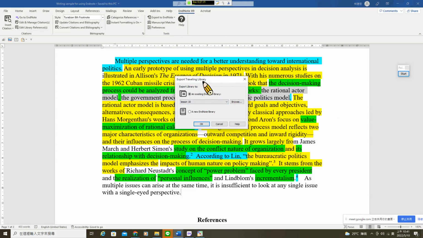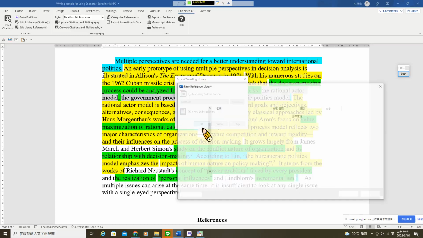Once you export your traveling library, you will have the choice of either an existing library or a new EndNote library. For practice, you use a new EndNote library. And you can click here, OK.